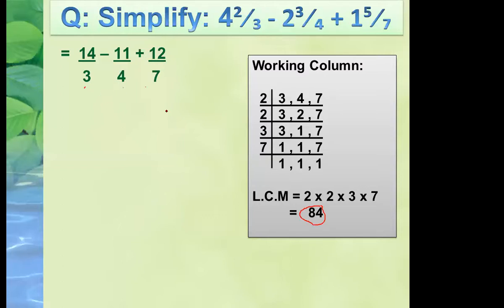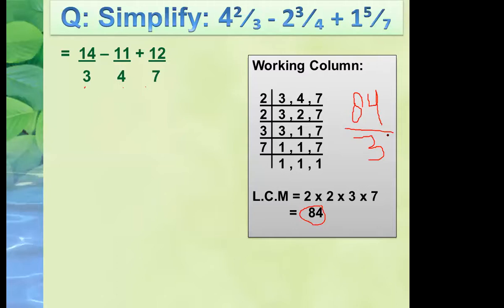Means you have to multiply 3 with such a number that the answer will be 84. Okay, you have to multiply 4 with such a number that your answer will be 84. So which number should I multiply with 3 so that my answer will be 84? What I'm going to do, I'm going to simply divide this 84 by 3 to find out the number by which I should multiply 3.